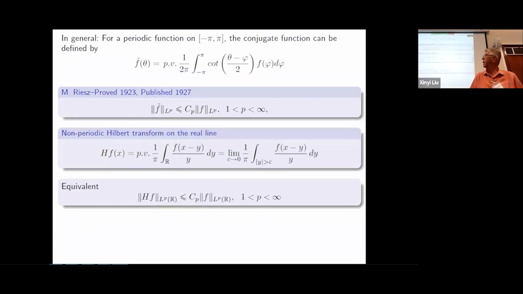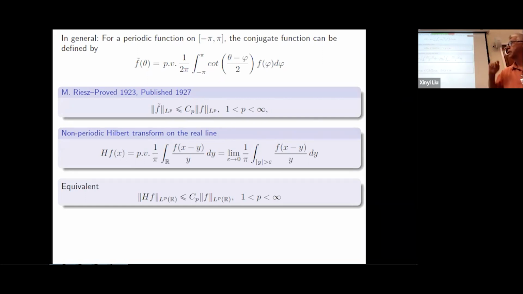The general periodic case has an integral representation. And Riesz proved it in 1923, though the paper was published in 1927. So if you're ever worried that your paper lingering in the referee's pile is not going to be published, you can think of Riesz. This is a very famous paper.